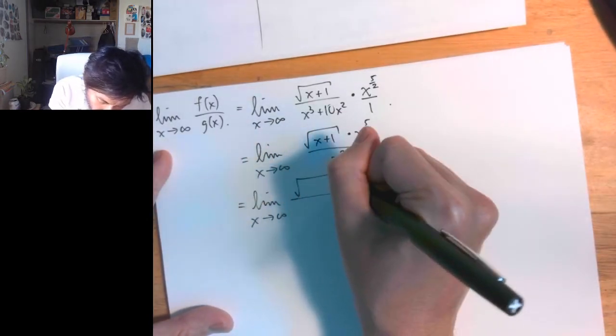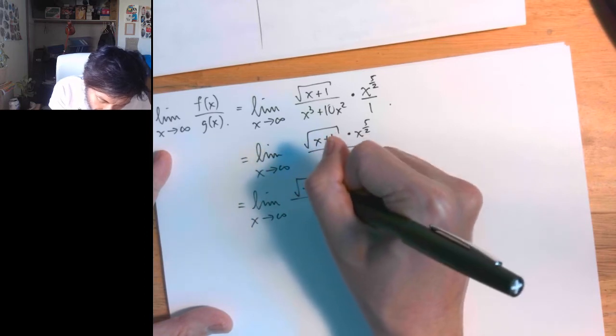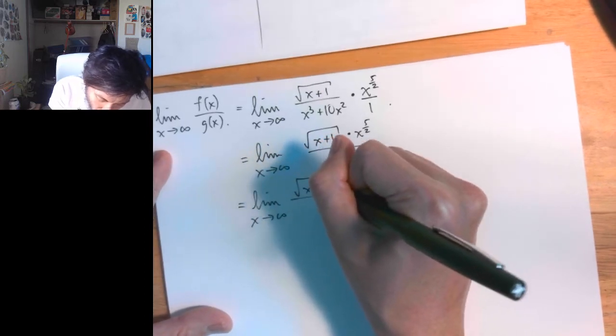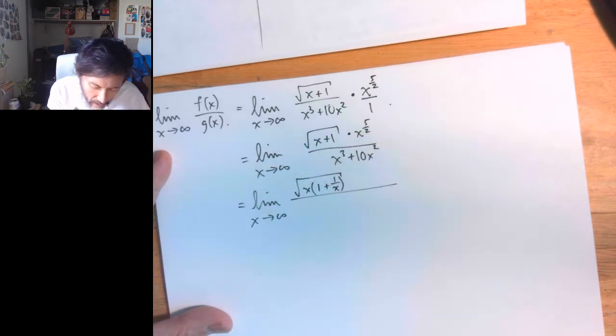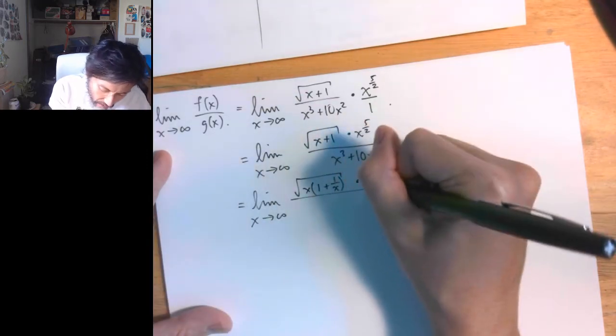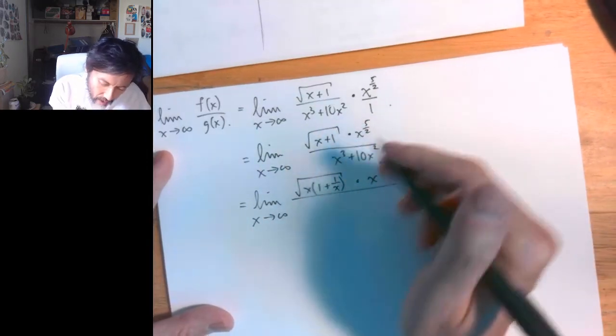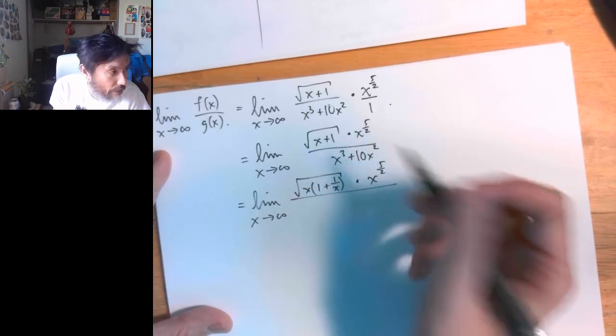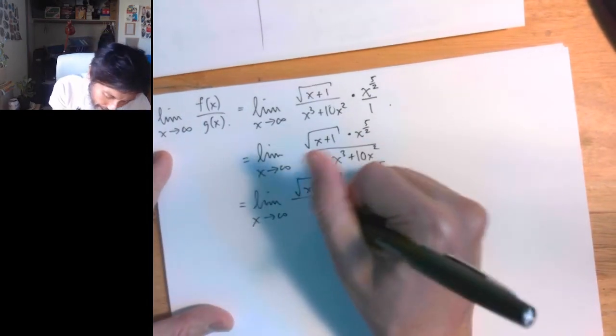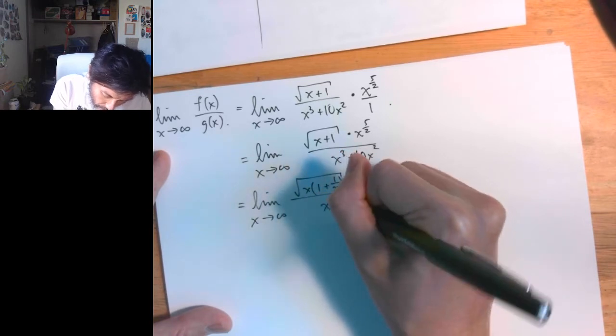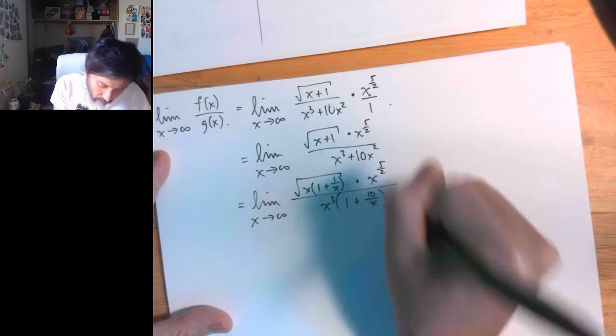So I'm going to take x plus 1, I'm going to factor out an x. And what I get is x times 1 plus 1 over x. I hope that's clear. And then we have our x to the 5 halves still hanging out. Downstairs, I'm going to factor out an x cubed. I'm factoring out the highest order term when I can. I'm going to have 1 plus 10 over x.